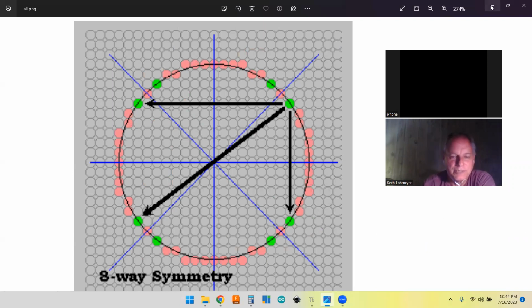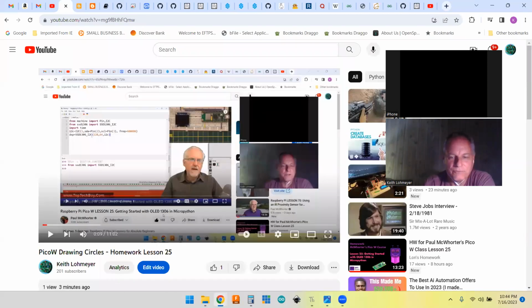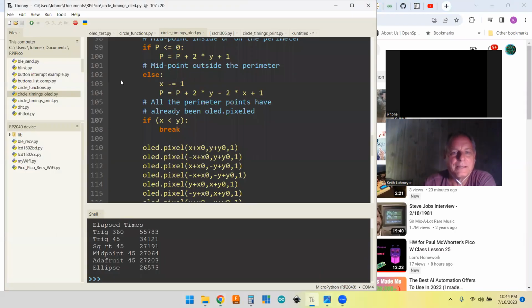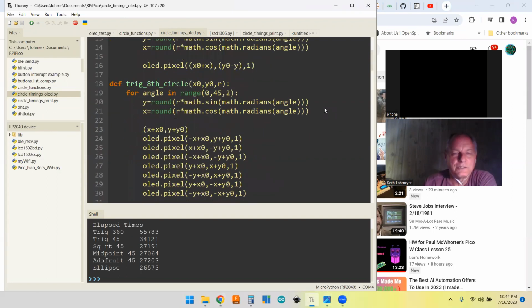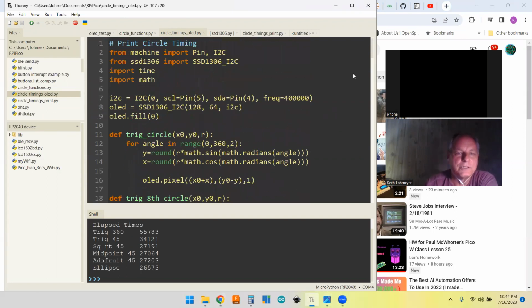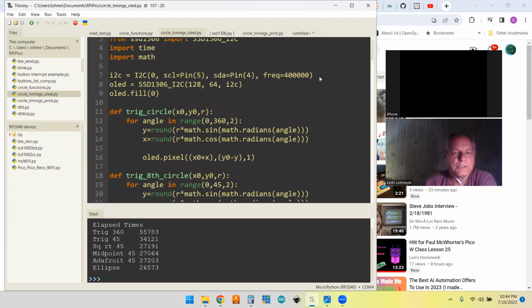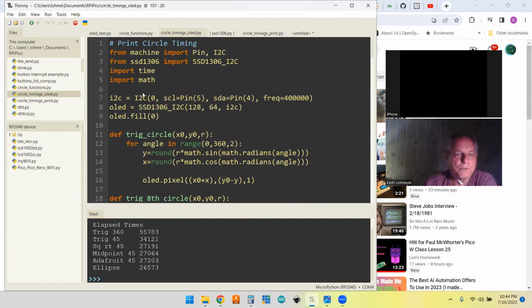So let's go ahead and get to the code, because that's what I started with, and I'm not even sure where I am. Yeah, OLED. So this is a basic program, and I've got a lot of different functions in here for ways of drawing that.